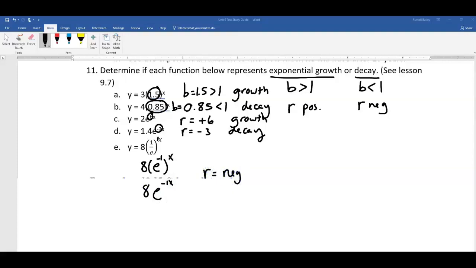Another thing you could do is you could just realize that e is a number, right? And you can realize that b is 1 over e, and that's 1 over 2.7 something or other, which is going to be a number that's less than 1. But whether you think of it as a b value or as an r value, either way, the answer is decay. Okay?